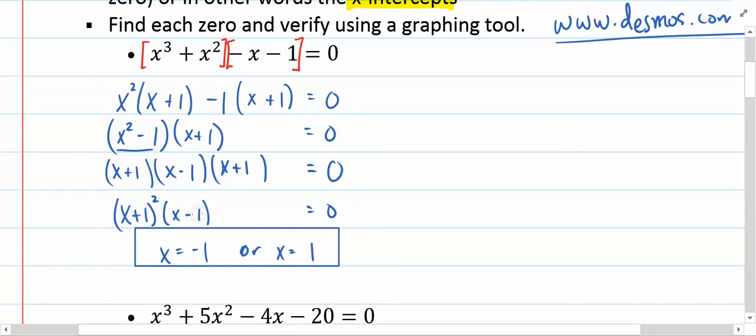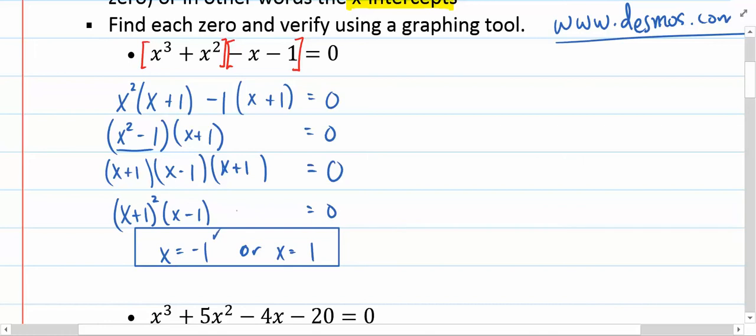In order for an equation to equal 0, if it's factored, then any one of the factors could be equal to 0, and that would turn the rest of the equation equal to 0. So if x was equal to -1, this -1 in place of x here, plus 1 is 0. That 0 squared times the rest of the equation would equal 0.